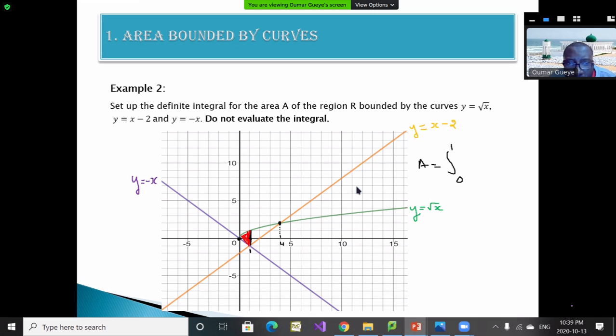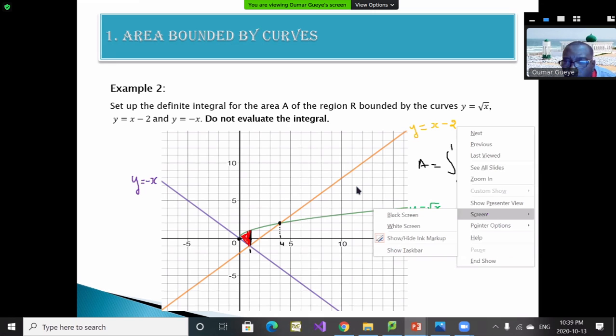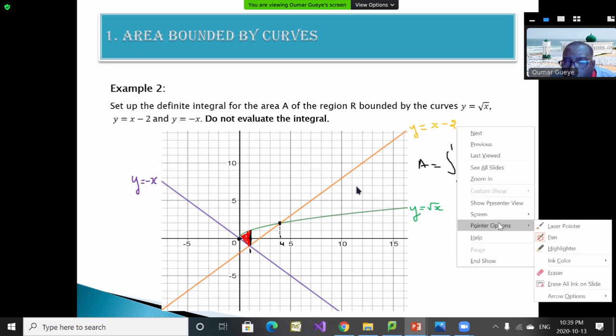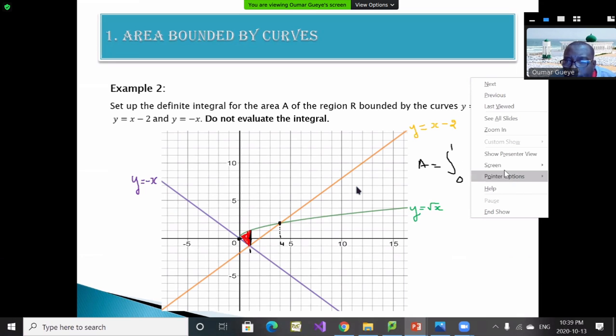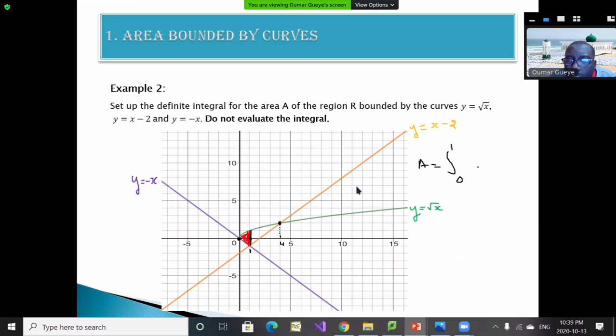So you guys can see from here, when you calculate the area only between 0 and 1, when x is between 0 and 1, you guys can see the curve on the top is the green curve.